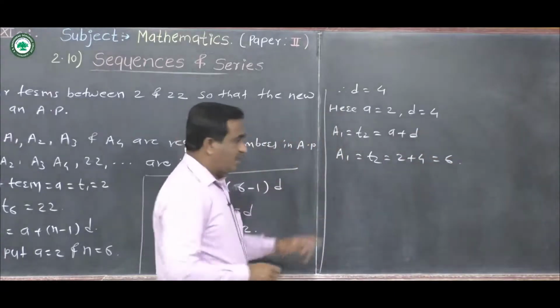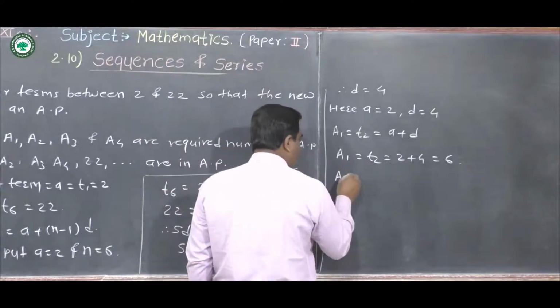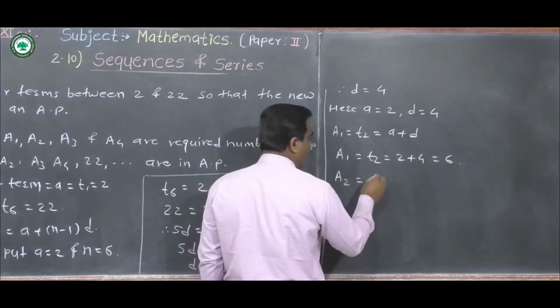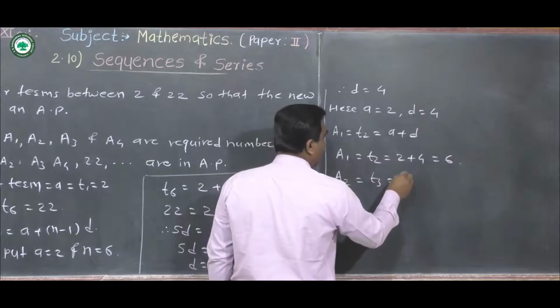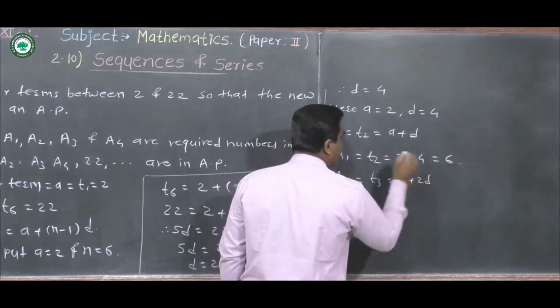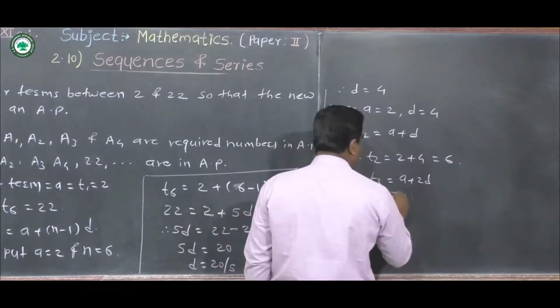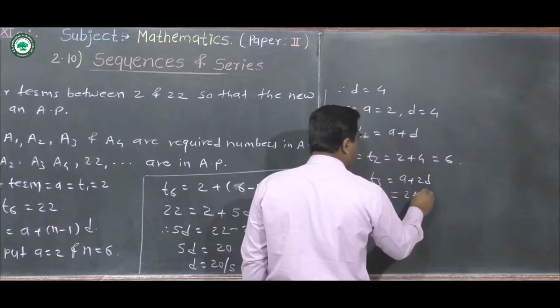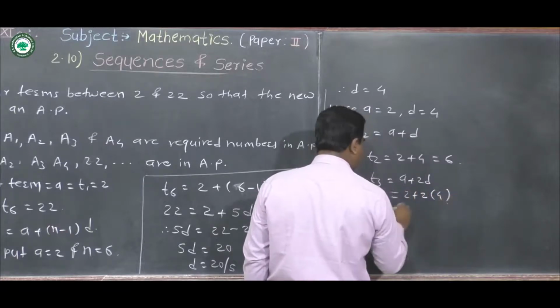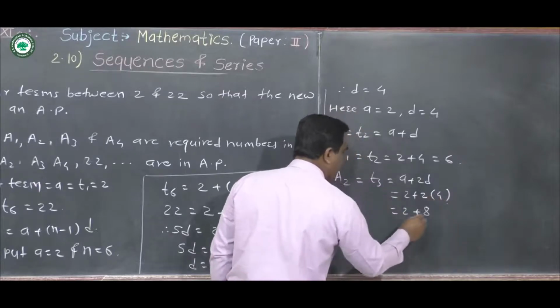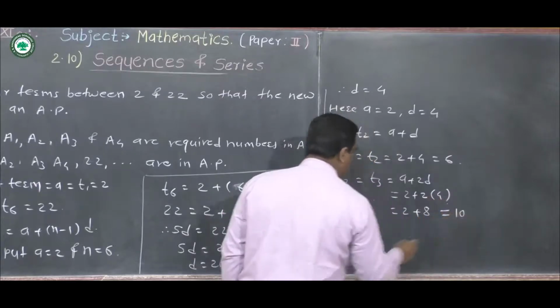Now the third term a2. a2 equal to t3 equal to a plus 2d, which is 2 plus 2 into 4, that is 2 plus 8, equal to 10.